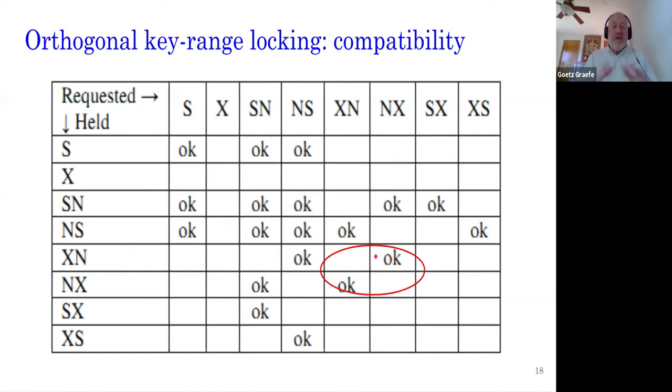So this lock compatibility matrix, as I said, perhaps a little bit big, but still very, very simple. And it can basically be derived mechanically from the core lock compatibility matrix, which is really just these four fields. That's a classic lock compatibility matrix. And everything else in this picture here derives from that.